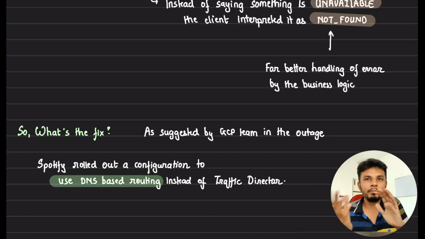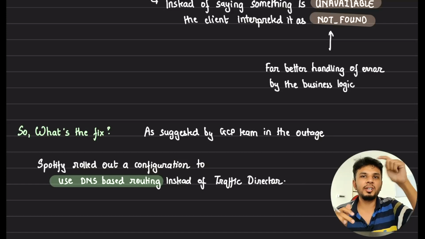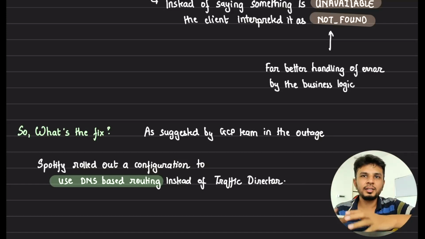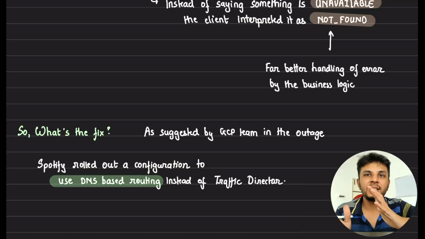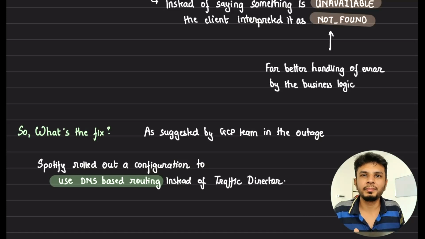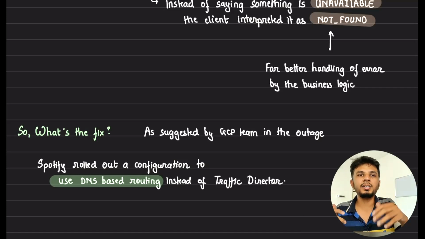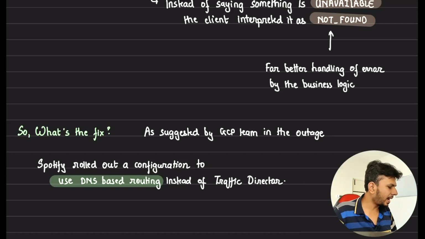So they rolled out a redeployment with a configuration change where, instead of using Traffic Director, that is the service mesh, they switched to DNS based routing just to mitigate this issue, because that was working fine. They did it quickly, in 2.5 hours, and the services came back up.